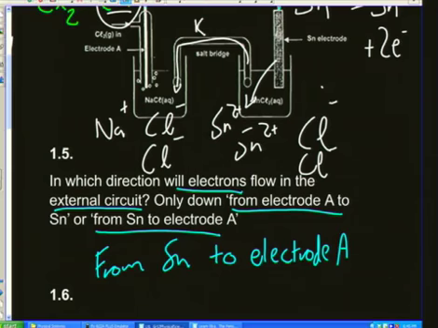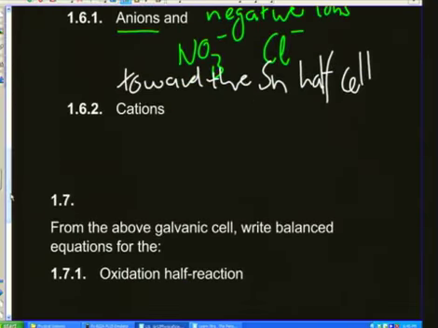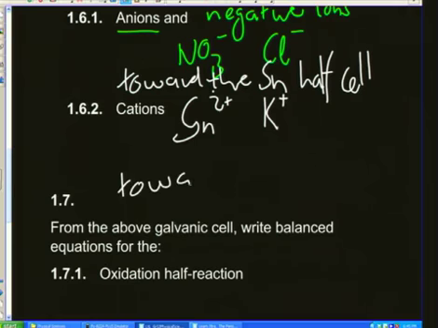And those would be in the salt bridge, your potassium ions, and maybe some of your tin ions. And in that way, we would move them towards the chloride side. So your ions here would be your tin ions and your potassium ions. And which way are they going to move? They're going to move towards the chlorine half cell.